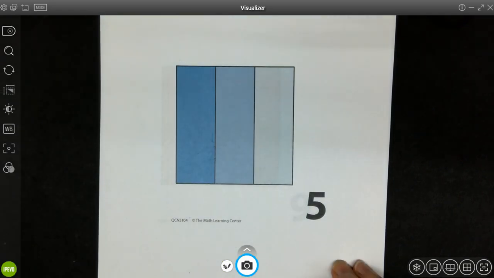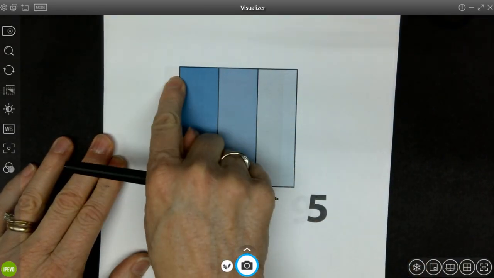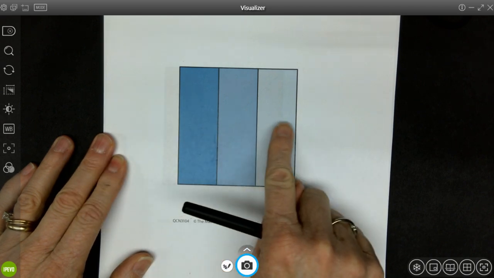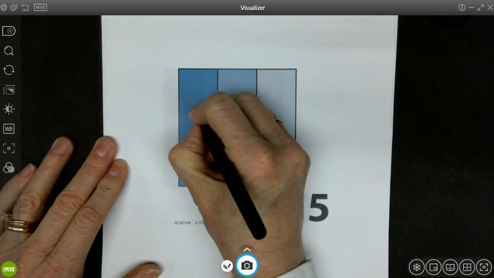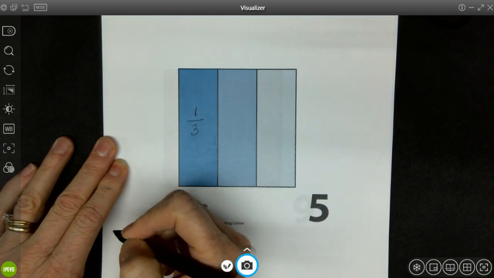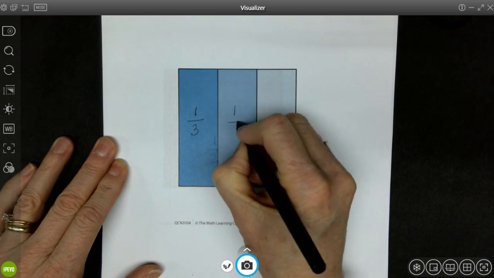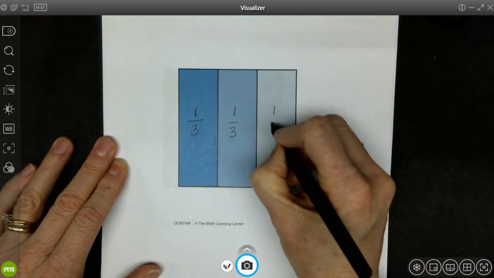Then on day 5, we have the same size square, but it's shared into 3 equal pieces. So in that case, each of them is one of 3 equal pieces, which means they would be called a 1/3 or a third.